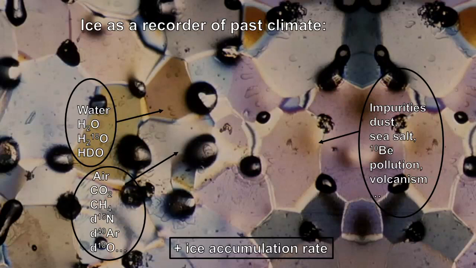Okay? So we can measure the gases in these bubbles. Okay? So we can measure the content of CO2, of other trace gases. We can measure the isotopic compositions of those gases. Now, strictly speaking, those measurements of the gas bubbles are not proxies. Okay?